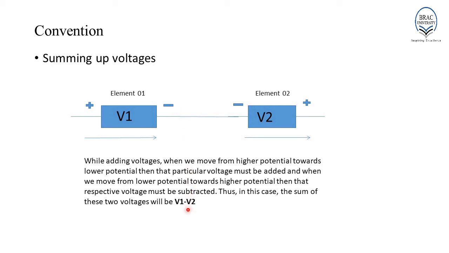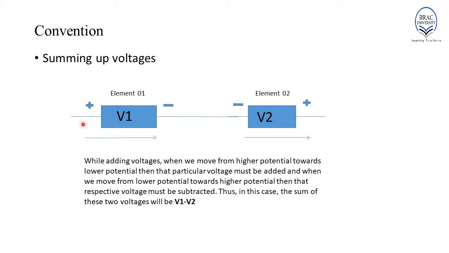While adding up voltages, when we move from higher potential towards lower potential, then the particular voltage must be added. And when we move from lower potential towards higher potential, then that respective voltage must be subtracted.